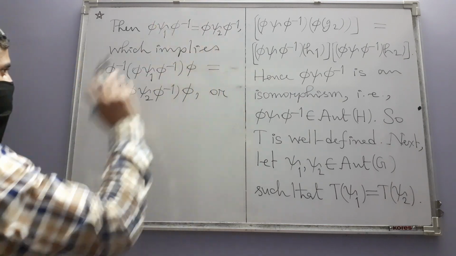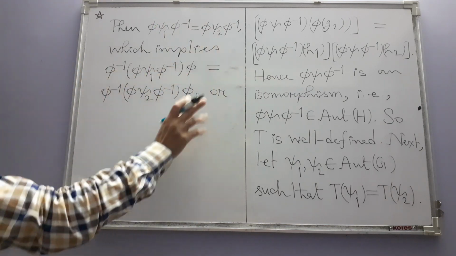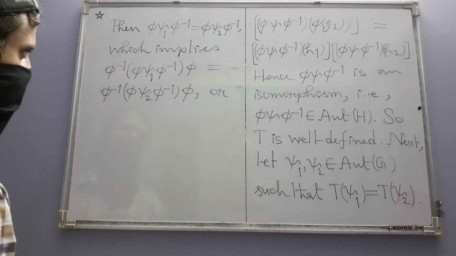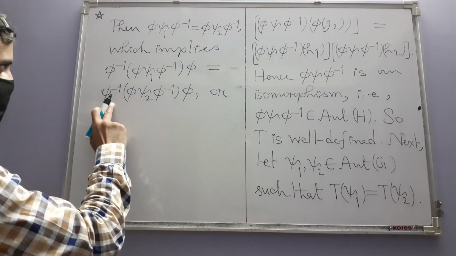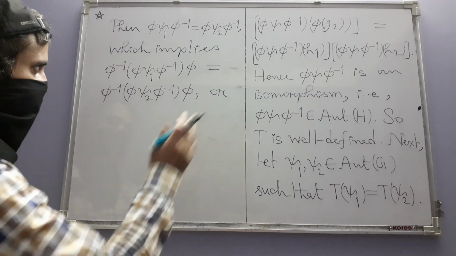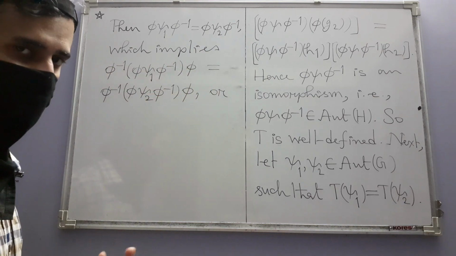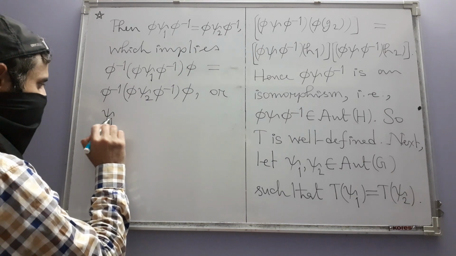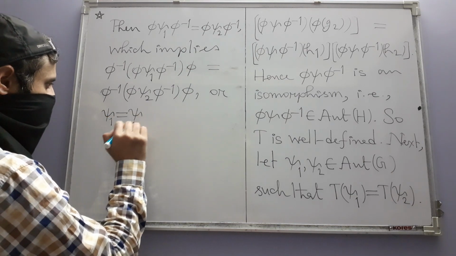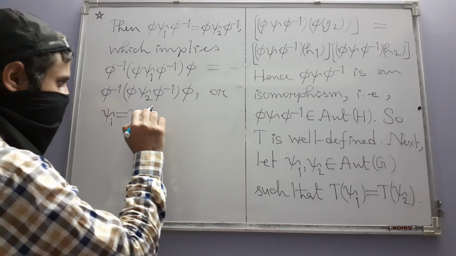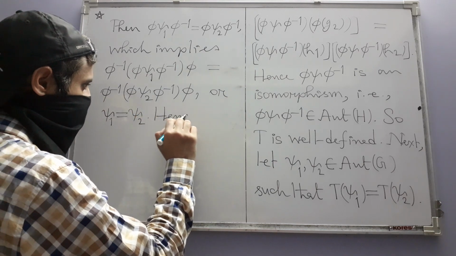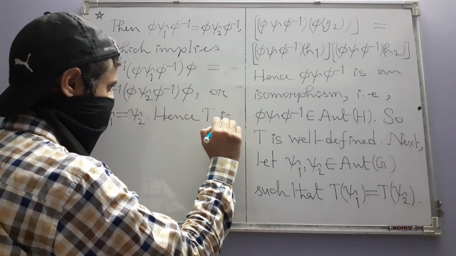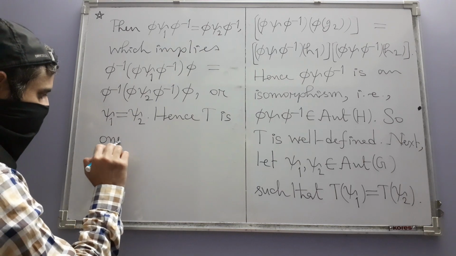Because if these two maps are equal, then these two compositions also will be equal. But now, using the fact that composition of mappings is associative and cancelling out these things, you can clearly see that ultimately we have this. Hence, T is 1 to 1.